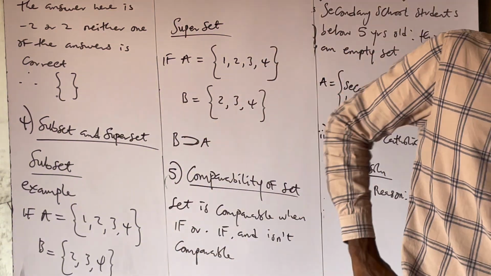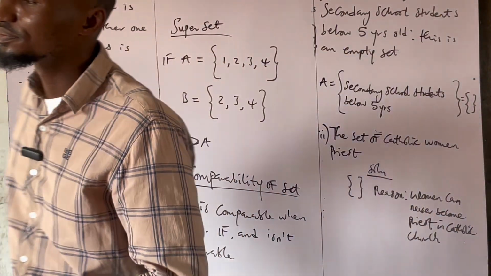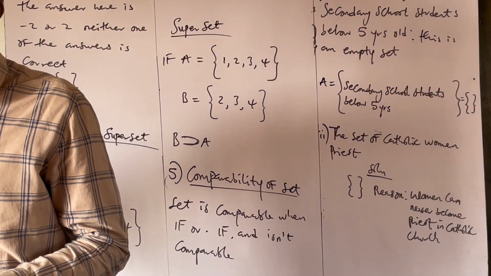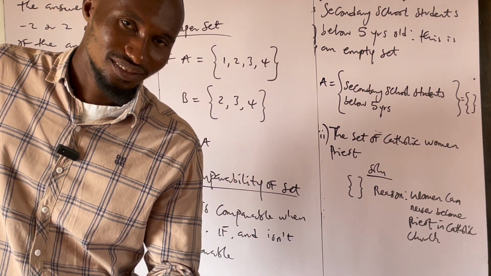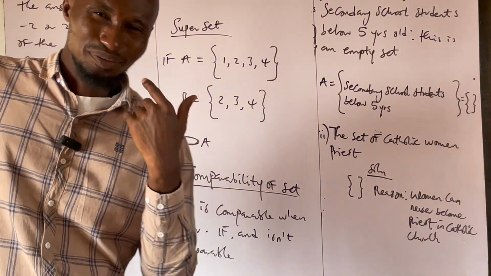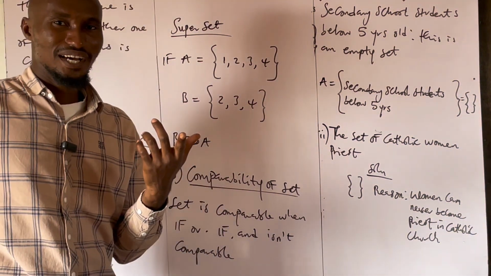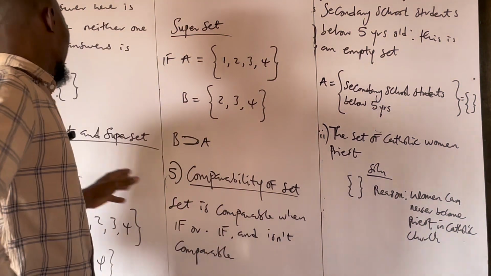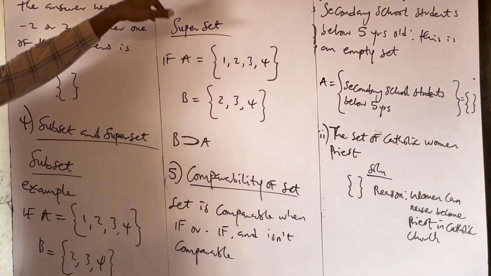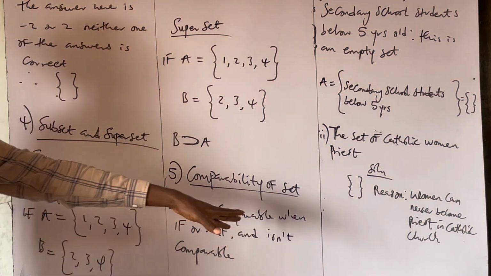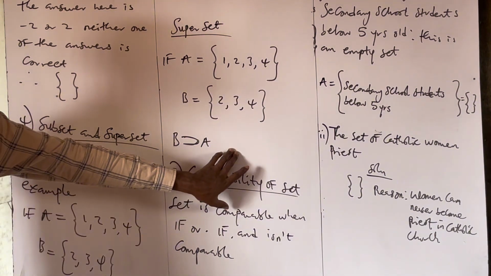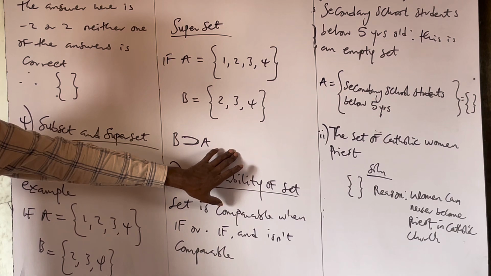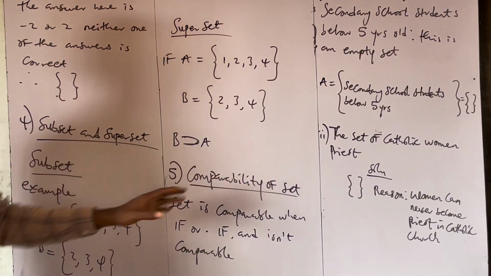So a bag of beans is compared with Potasco or Mudu, but not compared with a bag of rice. Are you getting the point now? In the example we used here, A is a subset of B. So I see the concept of comparability of sets is trying to strike a balance.